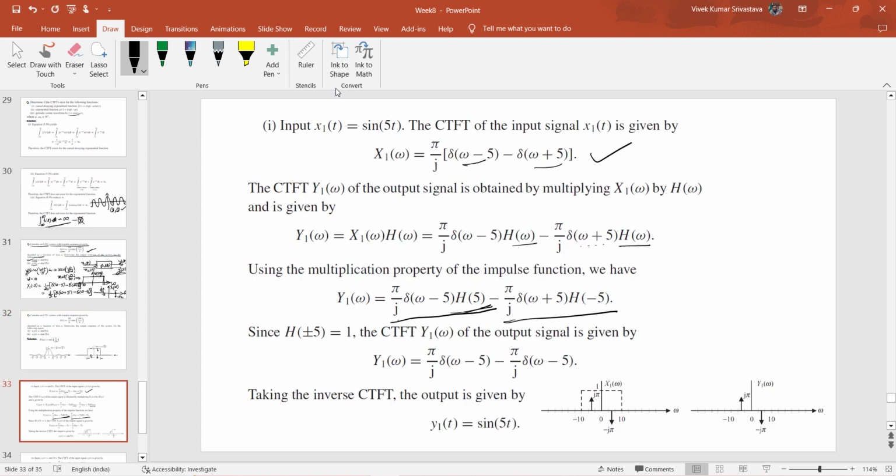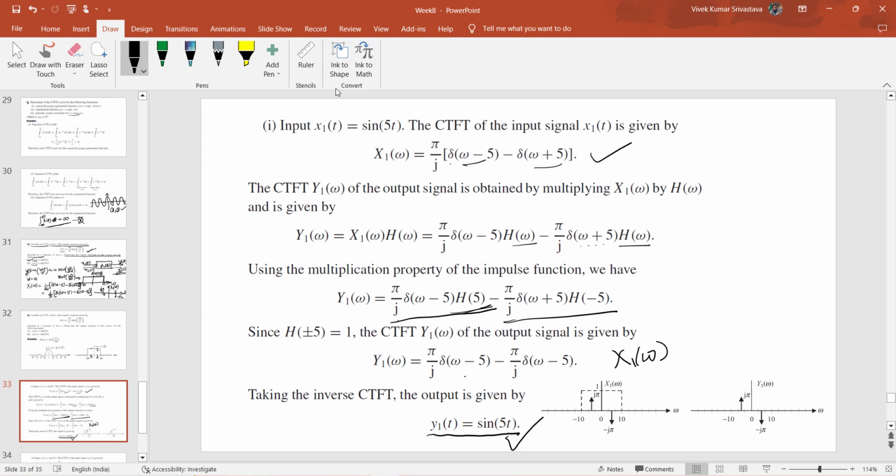So if you multiply this, you will get Y1 equal to the same expression as X1 of omega. This and this remain the same, so y1(t) is equal to sin(5t). This basically represents a band pass filter.